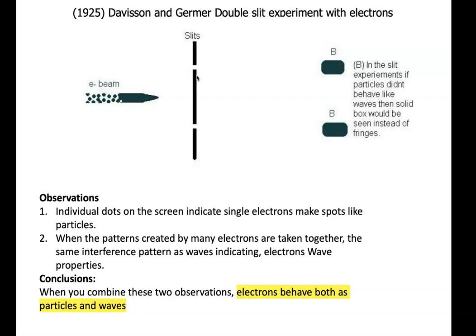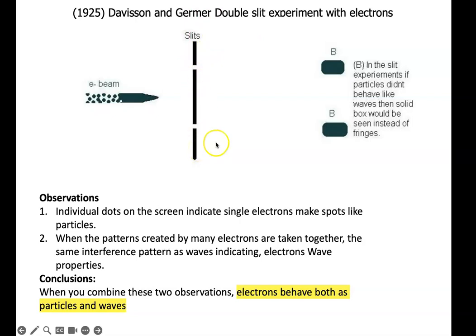Anyway, in 1925, Davisson and Germer did this double slit experiment, the same one you saw, but instead of light beams, they shot a beam of electrons through two slits.